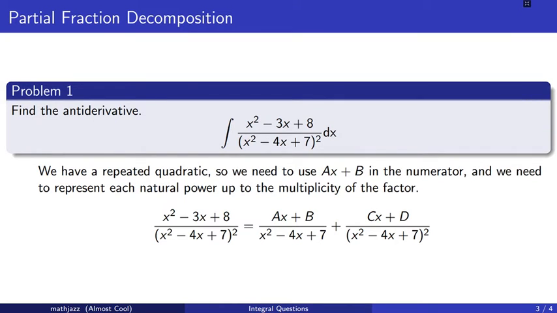We need two fractions because the multiplicity of the factor is 2. One is the factor to the first power, the other is the factor to the second power. And since this factor is an irreducible quadratic, instead of just a and b as the numerators, we need ax plus b as the numerator of one fraction, and cx plus d as the numerator of the other.